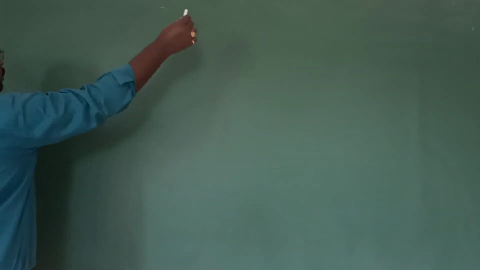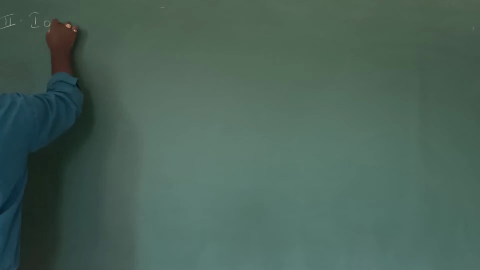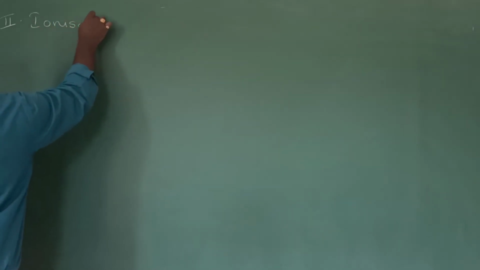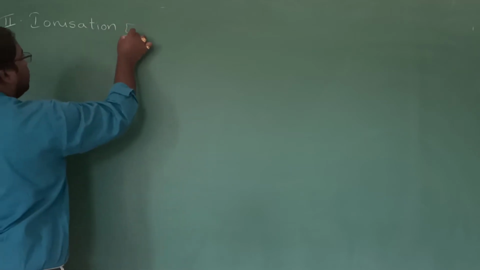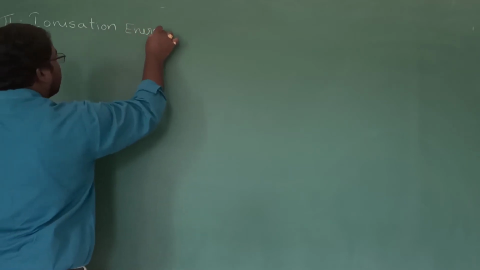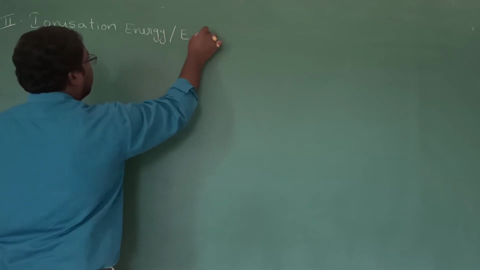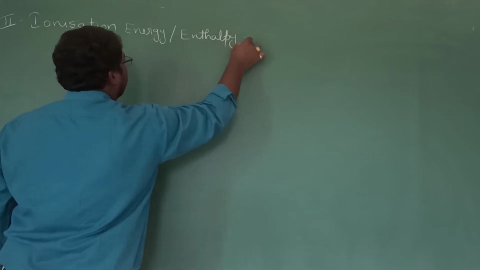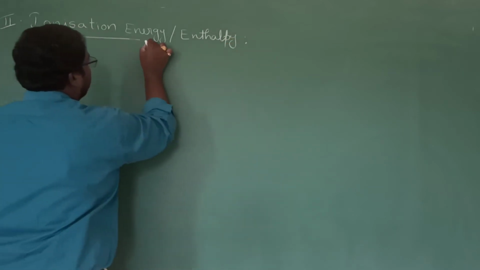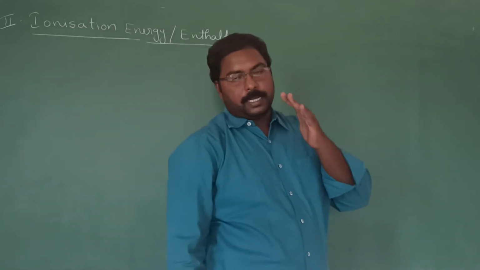Now, coming to the next periodic property, a very important periodic property, that is ionization energy or ionization enthalpy. The second and most important out of all the periodic properties.